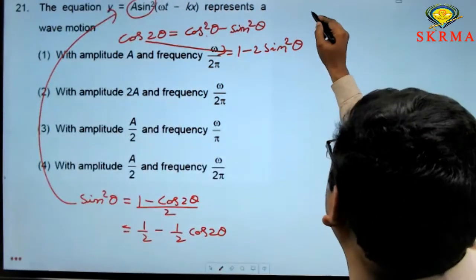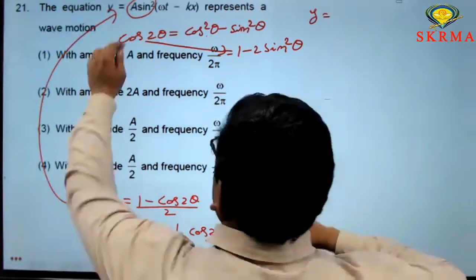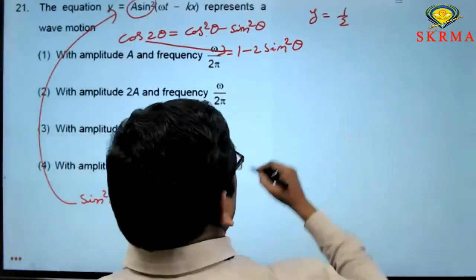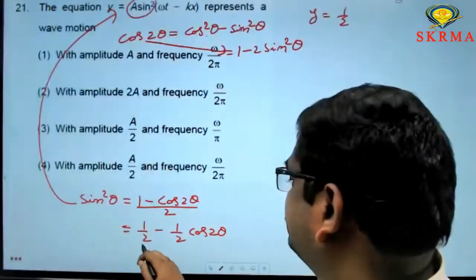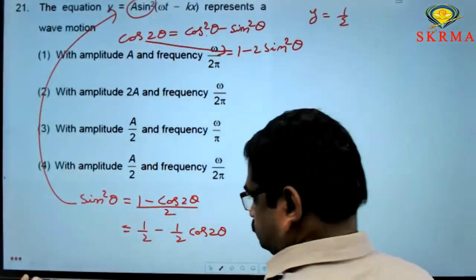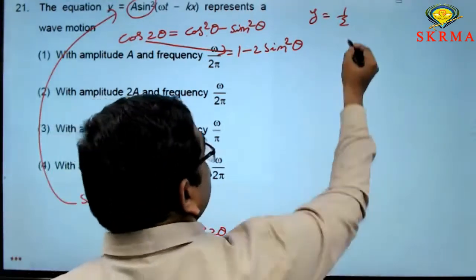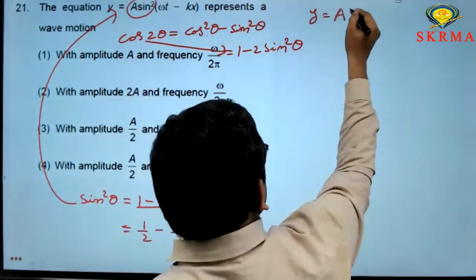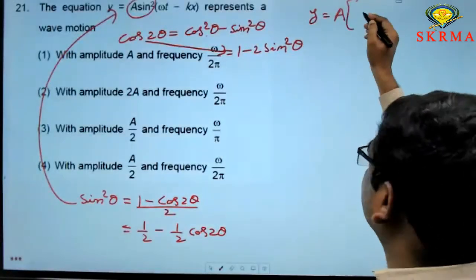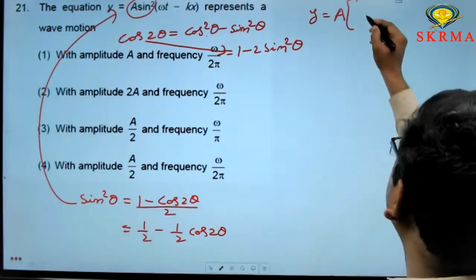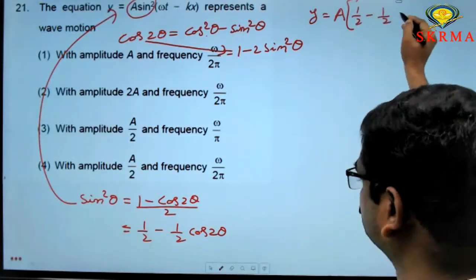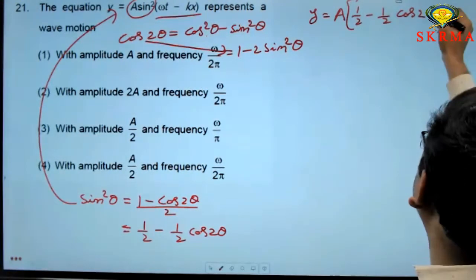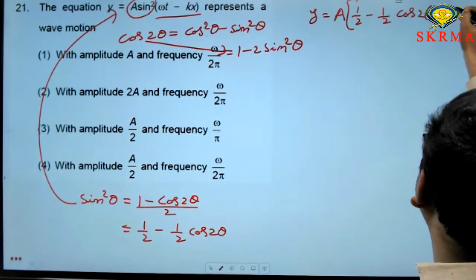Then y can be written as, a into sin square omega t minus kx can be written as a times 1 by 2 minus 1 by 2 cos 2 into, what is the theta value? omega t minus kx.